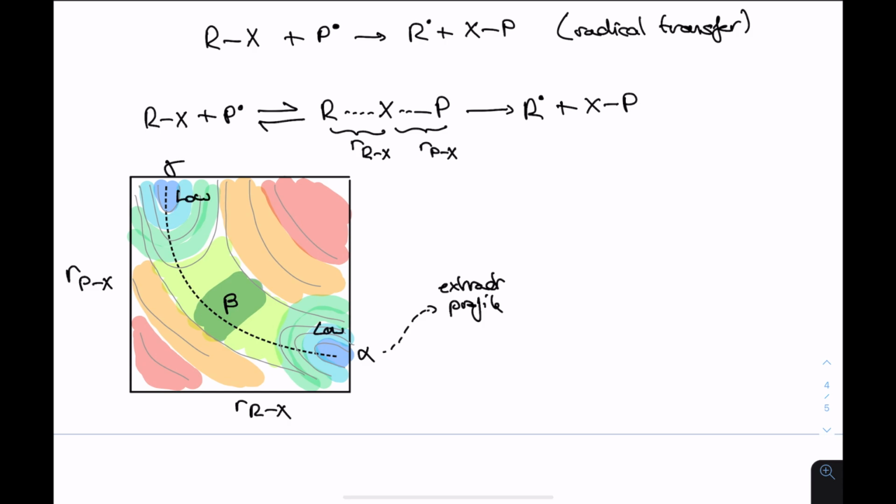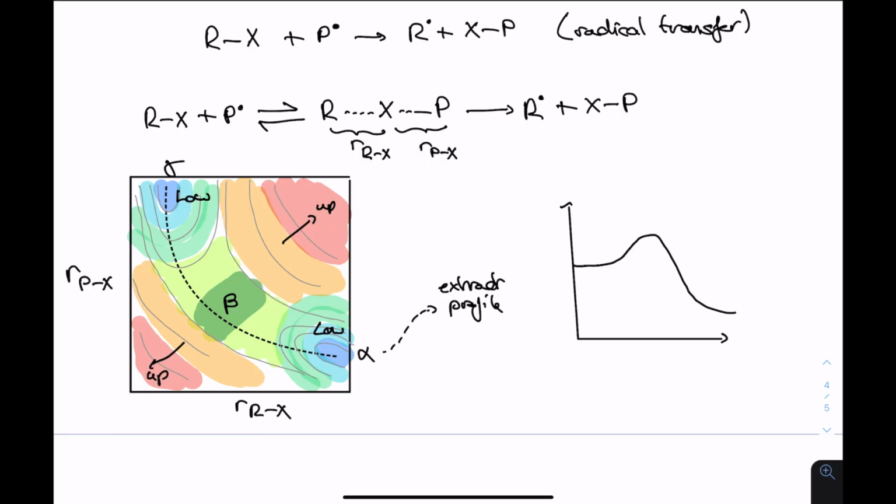Low is blue, and then it goes green, more green, it goes up, and then here it goes even higher, up more. Just try to imagine this as a three-dimensional plot. So if we extract the reaction profile, then here we are again like this, where it will be alpha, beta, gamma.